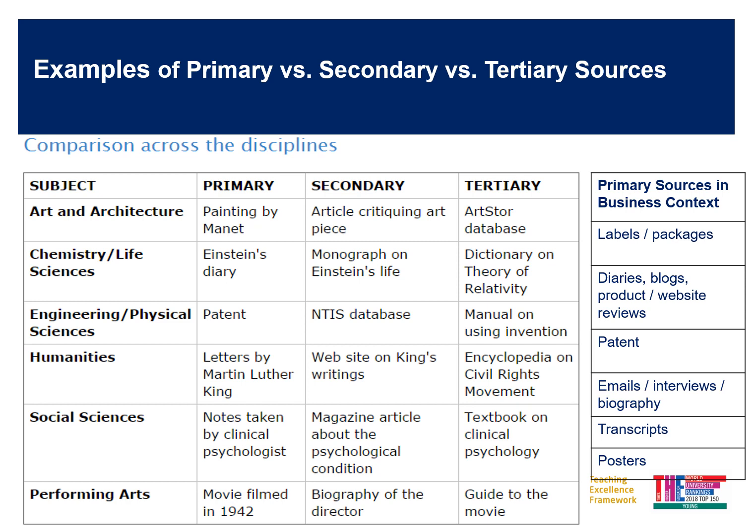So on the very right hand side, I have put down some primary sources in a business context. For example, labels and packages, these are primary sources, isn't it? And from the label, you may analyze the color, the size, or the packages, for example.